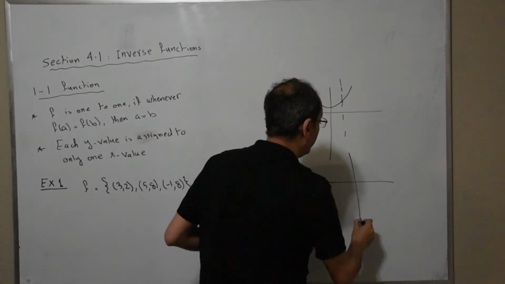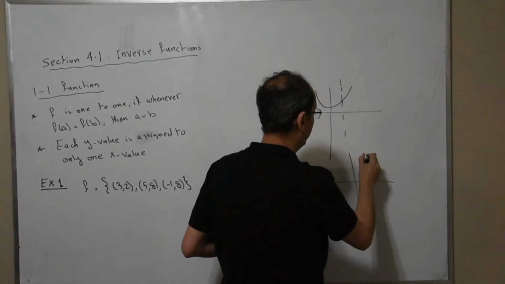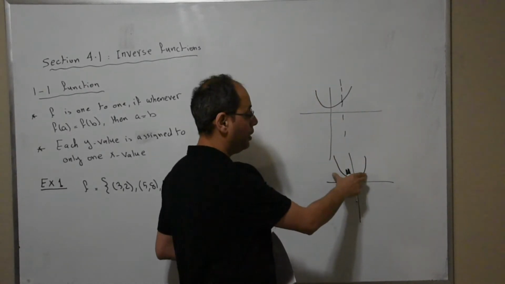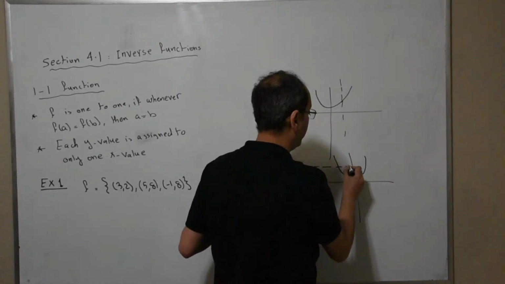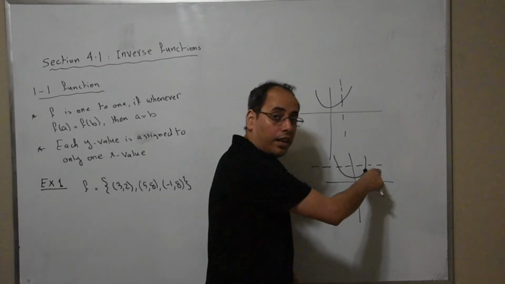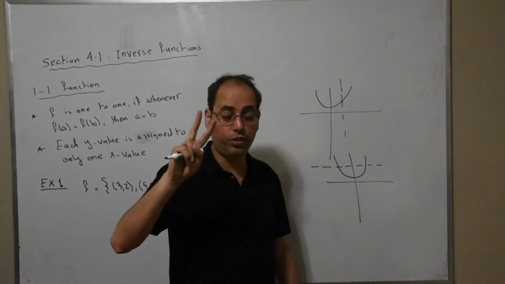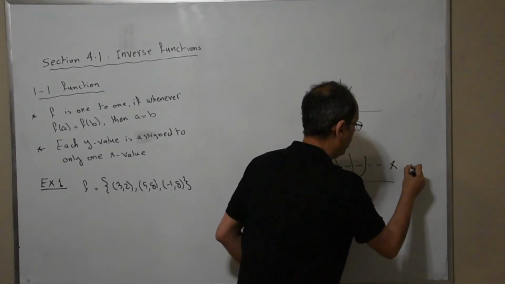If you want to check one-to-one, you don't use a vertical line but a horizontal line. We learned before that this is not a one-to-one function. If you use a horizontal line, you're going to find that this horizontal line intersects the function in two points. So this is not one-to-one.